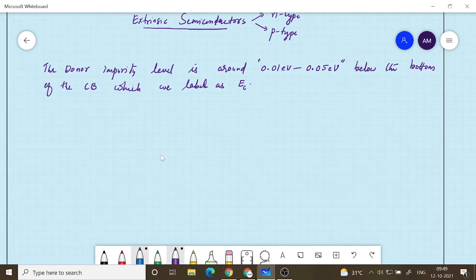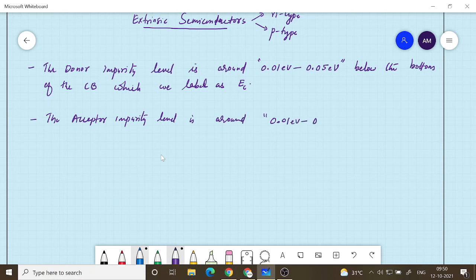And similarly the acceptor impurity level also. So this is donor impurity, the acceptor impurity level is around, okay, again same kind of numbers, above, but in this case above the top of the valence band, which we label as EV.